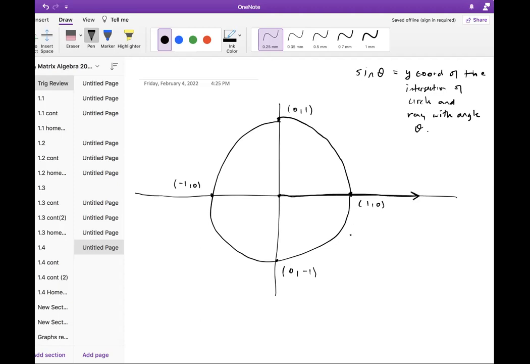This is the ray with angle 0. Of course, when I'm talking about angle, I'm talking about angle to the x-axis. So that tells me explicitly that these values will tell me what sine and cosine are for angle 0. So 1 is the x value, so that must be cosine of 0.